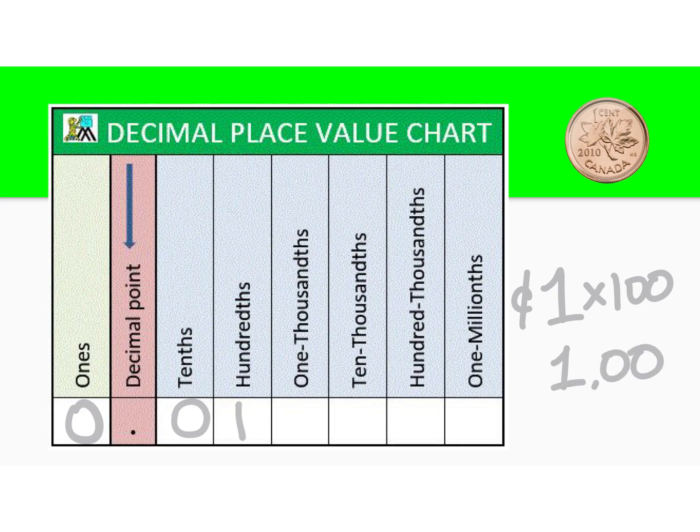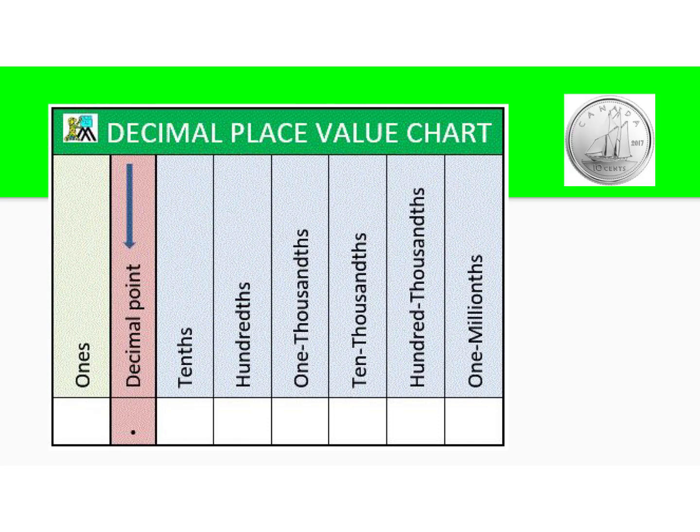So that's why we have the 1 in the 100th column here. If we're looking at something like 10 cents, again, we have 0 ones and we've got our decimal place. We have 1/10. It's 1/10 of a dollar. So if you multiply 10 cents times 10, that's $1.